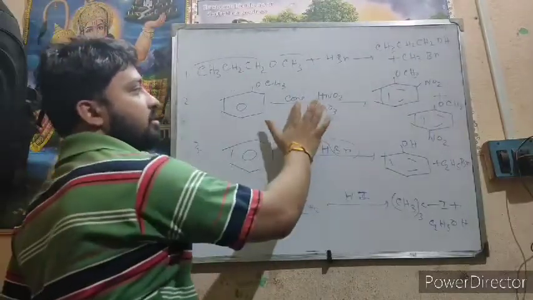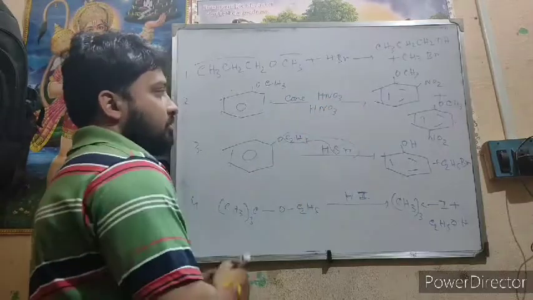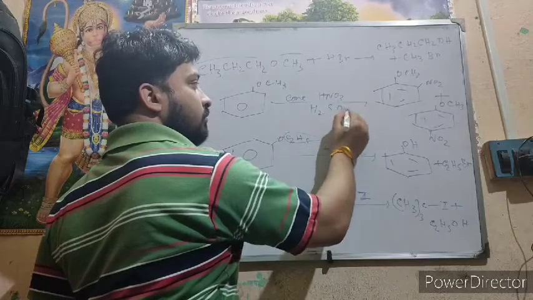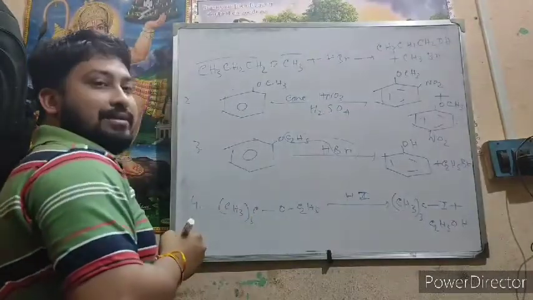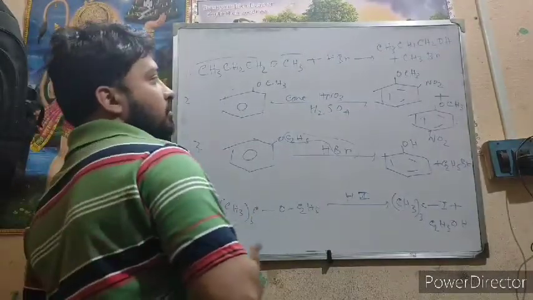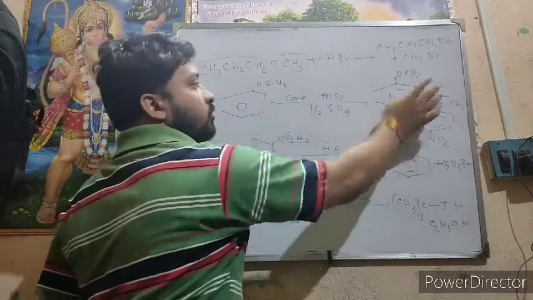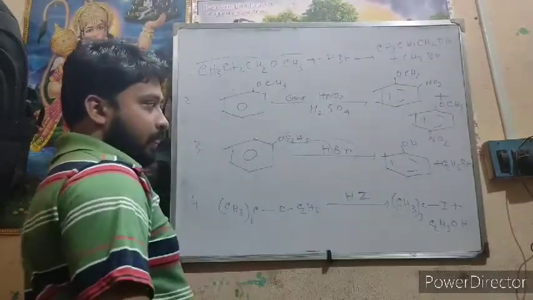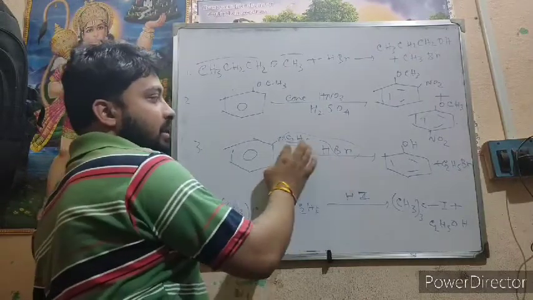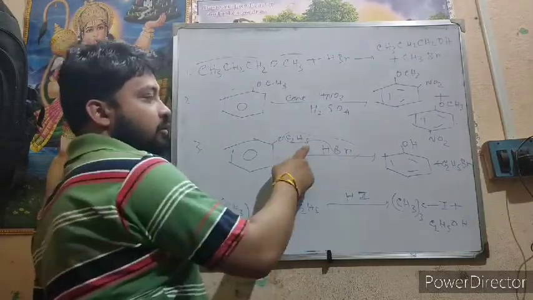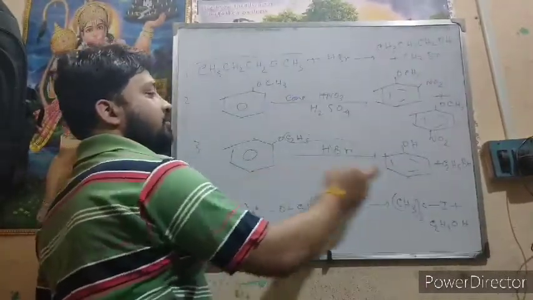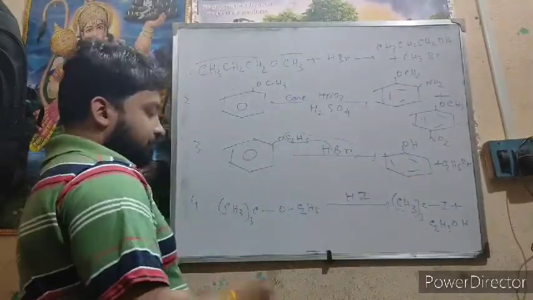If you take concentrated HNO3 and H2SO4, nitration occurs, and we know that NO2 comes on the ortho position and on the para position. If you take HBr and OC2H5, C2H5 is going to form haloalkane and the other part forms alcohol or phenol.